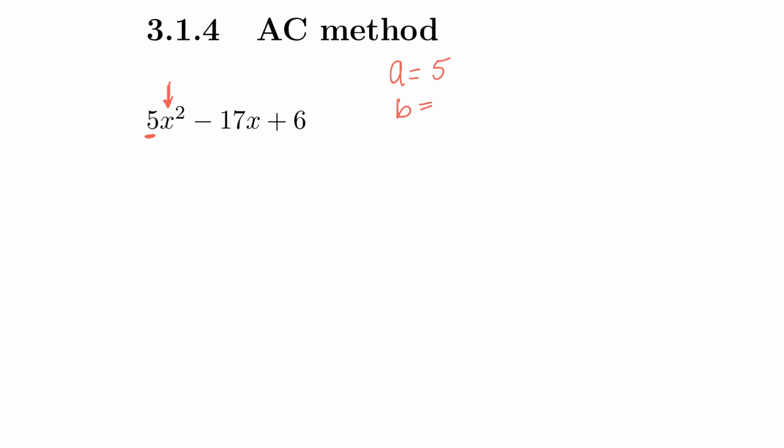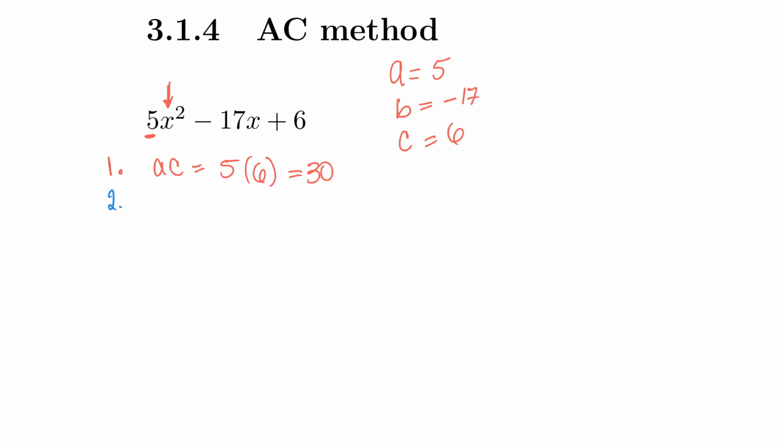Then B is equal to minus 17, and C is equal to 6. With these three numbers in mind, the next step is to multiply A times C. This is 5 times 6, which is equal to 30.